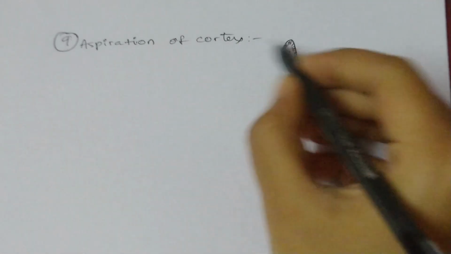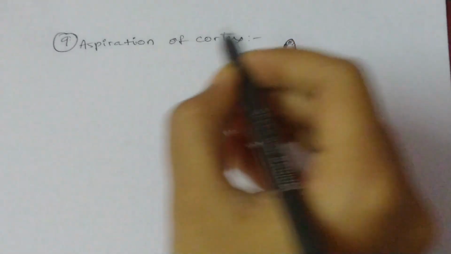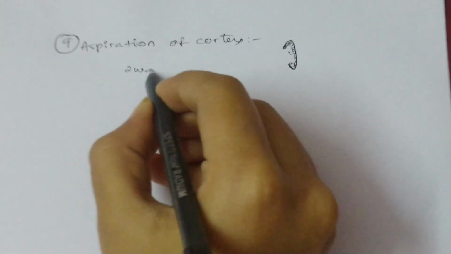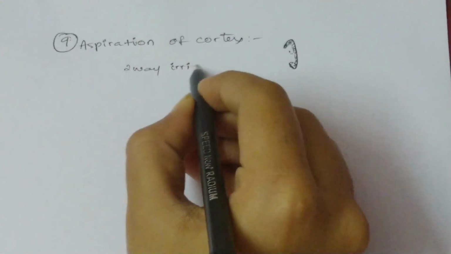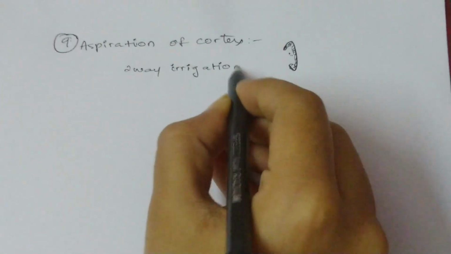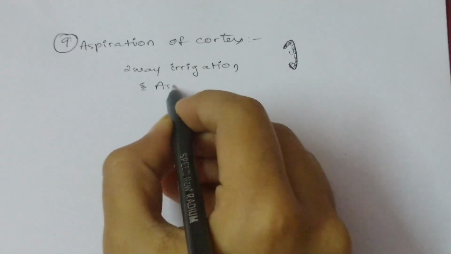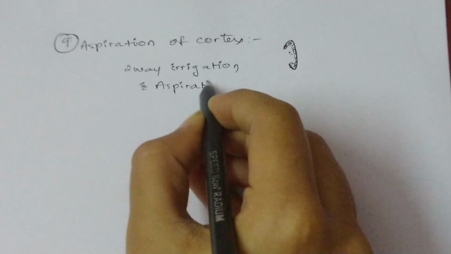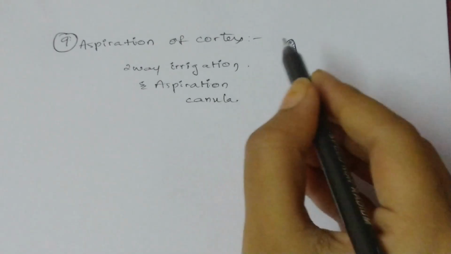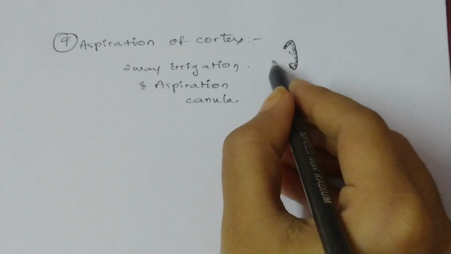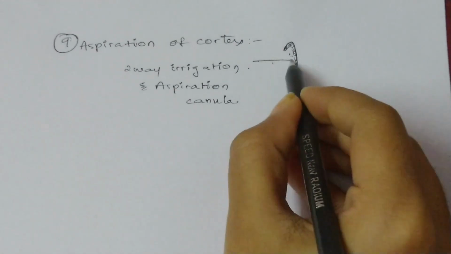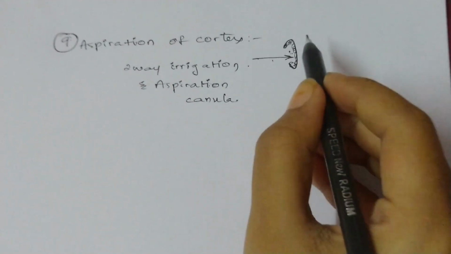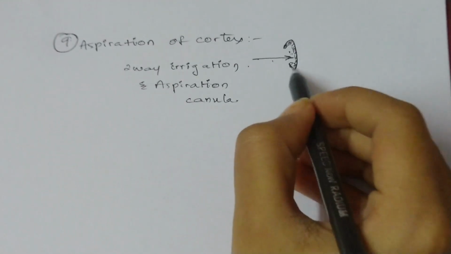Now we have to remove this cortex with the help of a two-way irrigation and aspiration cannula. In this method, first we are going to irrigate this capsular bag. This is called the capsular bag.